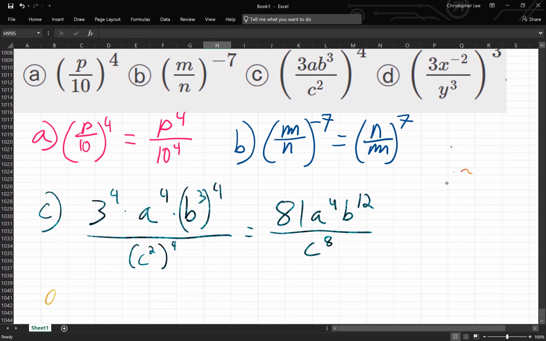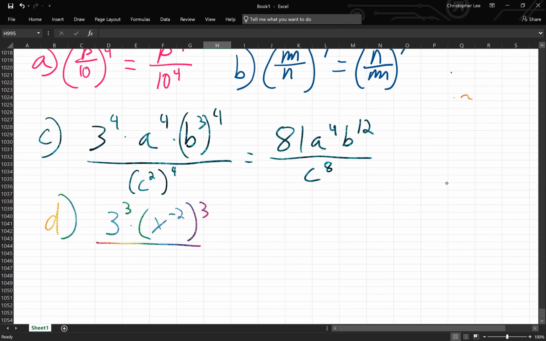Look at D. Again, everybody gets the power. So I'm going to have 3 to the third power times x to the negative 2 power raised to the third, over y to the third raised to the third.